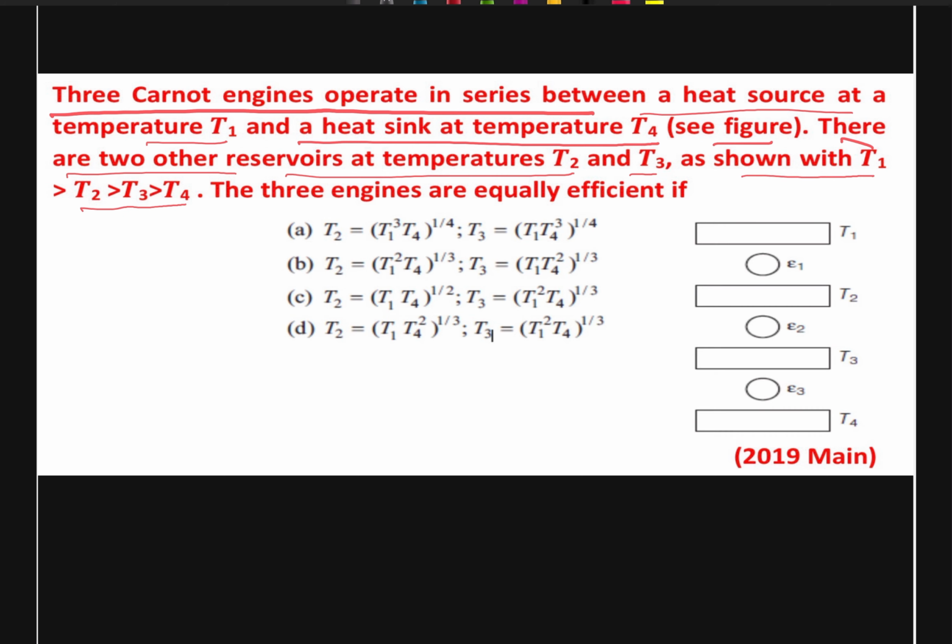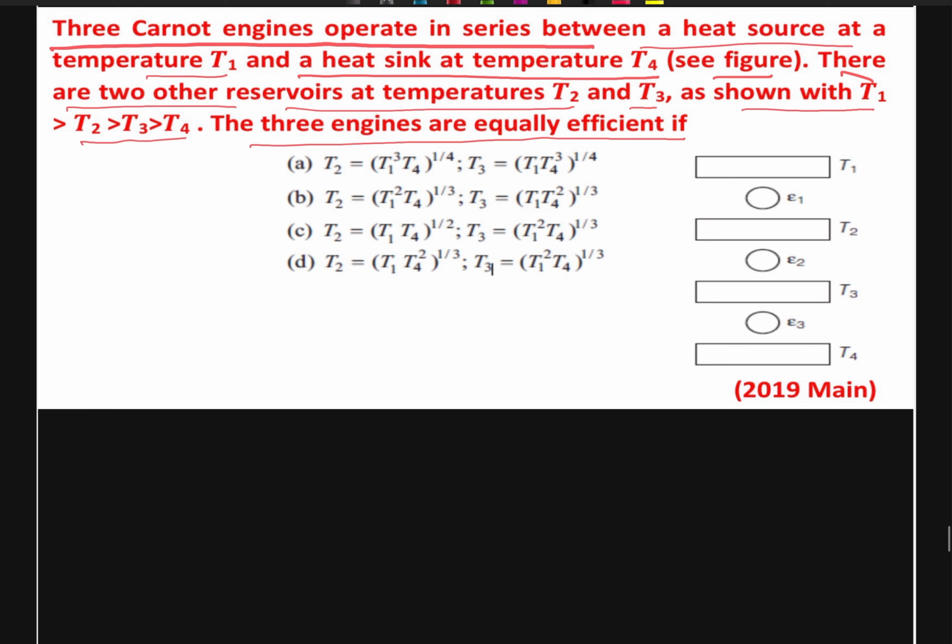The 3 engines are equally efficient if the blank is given. So initially we have 3 engines E1, E2, E3 connected with the source, sink and reservoirs T1, T2, T3 and T4, all in series.